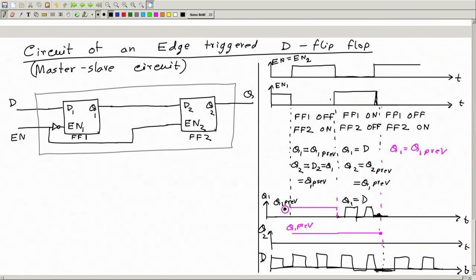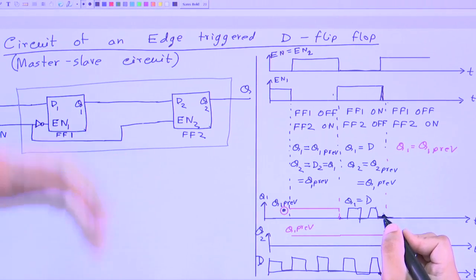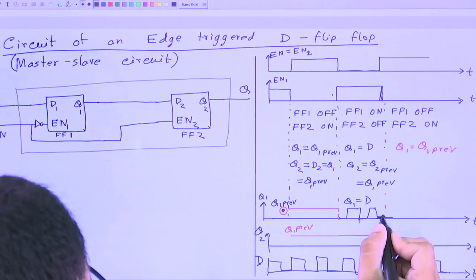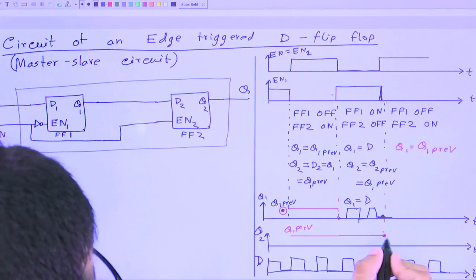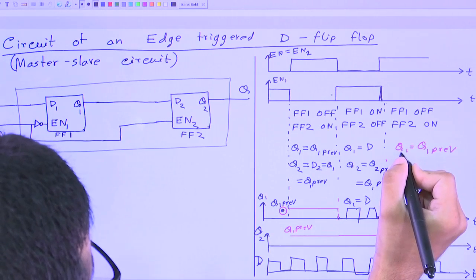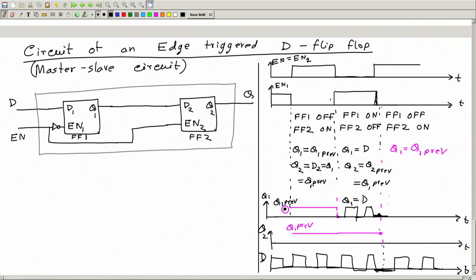Okay, I request you do this analysis yourself. Otherwise it may be a bit clumsy. It's very difficult to make you understand if you do not try it yourselves. So this value I'm saying is the Q1 previous. So now this is in this case equal to 0. So this will be 0.